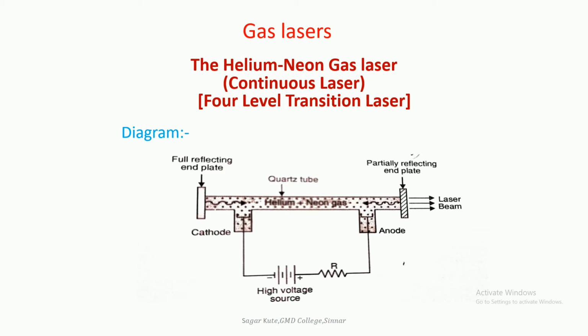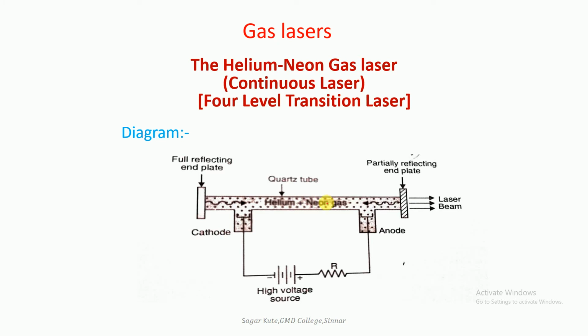The helium neon gas laser consists of a fused copper tube which is 10 to 100 centimeter in length and 2 to 8 mm in diameter. The tube is filled with a mixture of helium and neon gas.